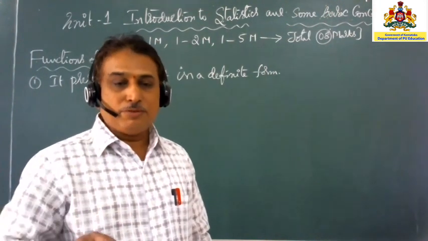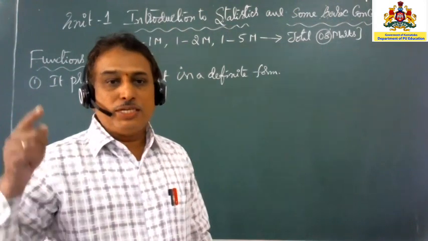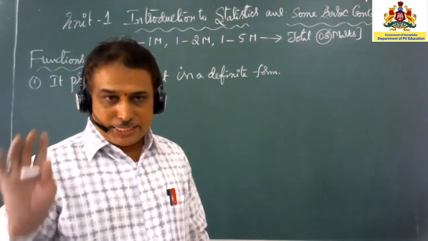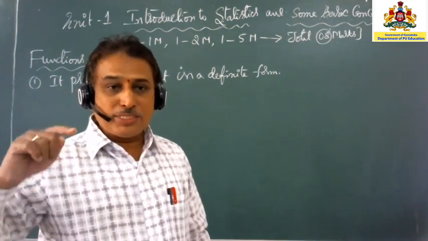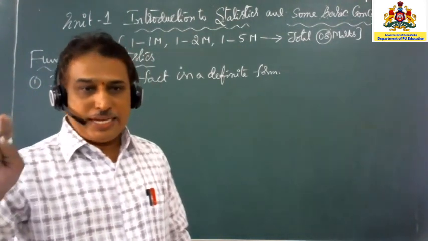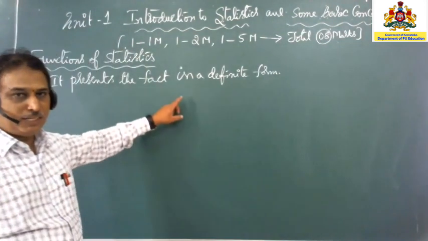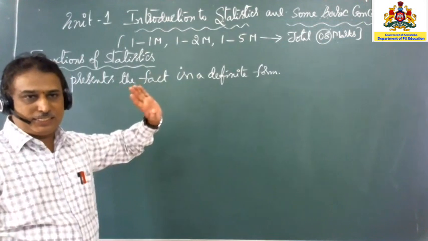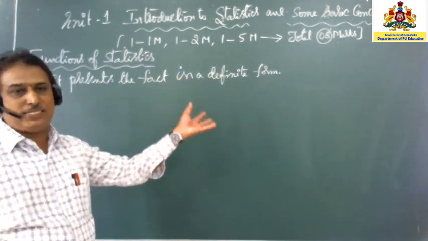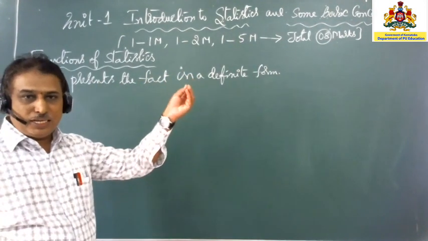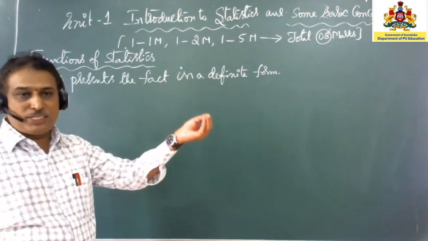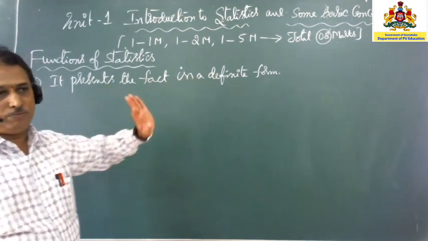They have to say, sir, I scored 88% in the SLC examination. That means they are expressing the numerical information in a definite form. That is the first function of statistics. Always we have to express the statistical information in a definite, numerical form.